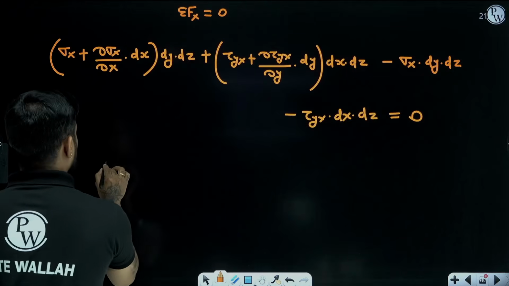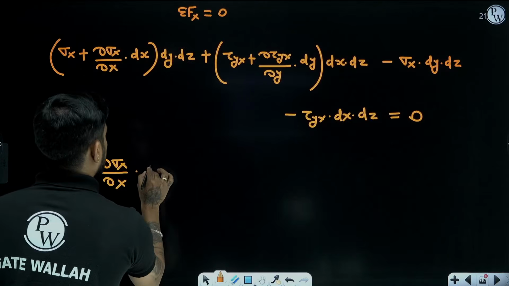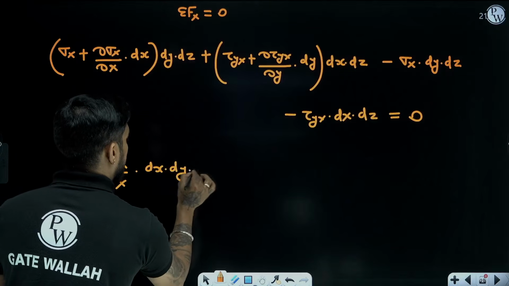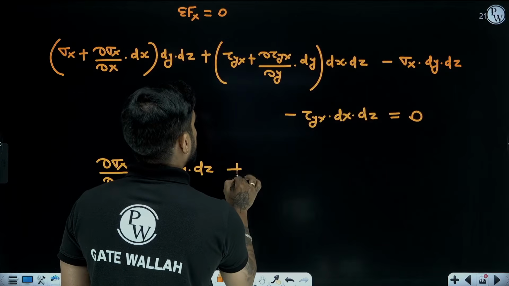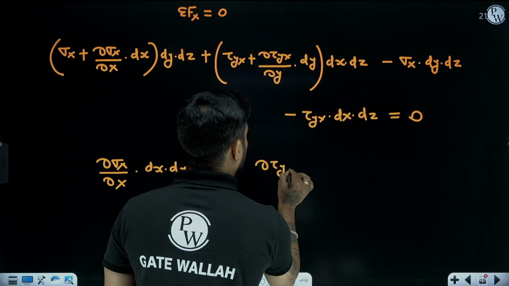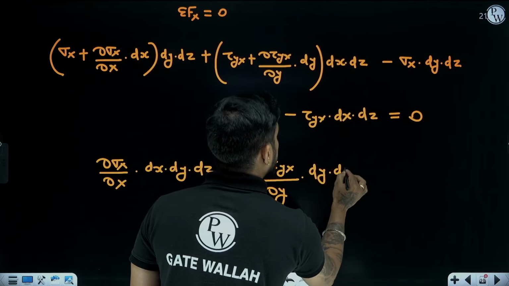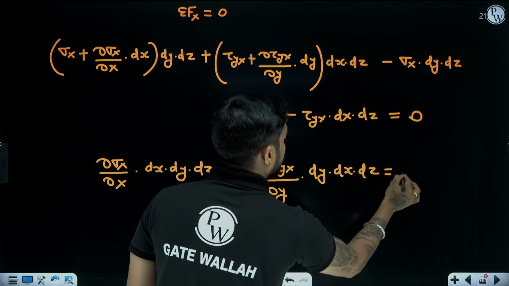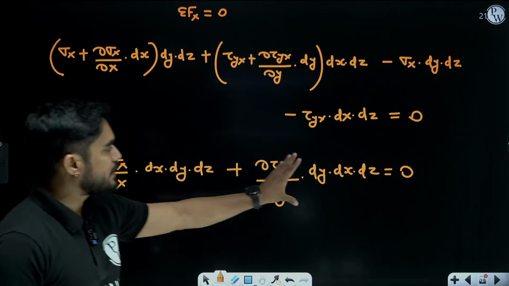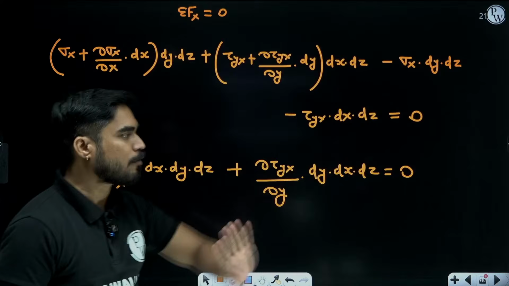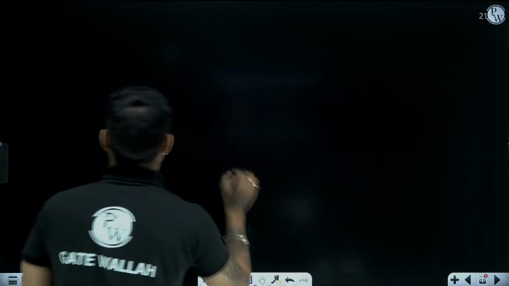So you will get dou sigma x by dou x into dx dy dz plus dou tau yx by dou y into dy dx dz equal to 0. Now this dx dy dz is also common. So if you take that out, what are you going to get?